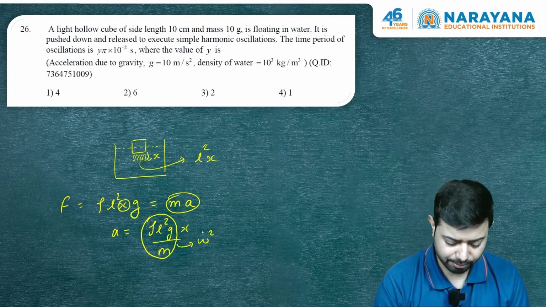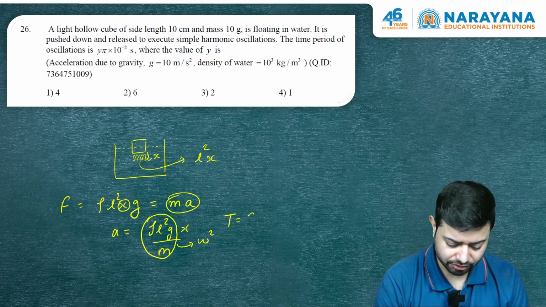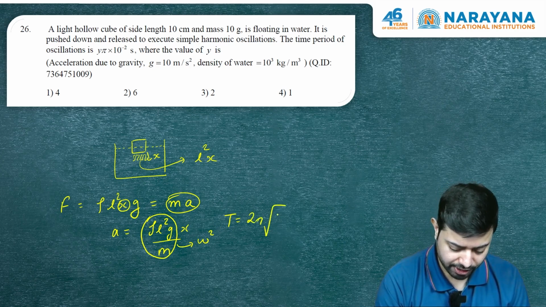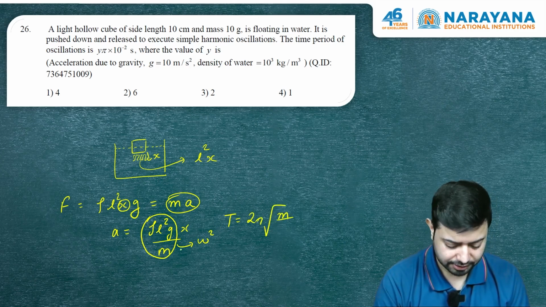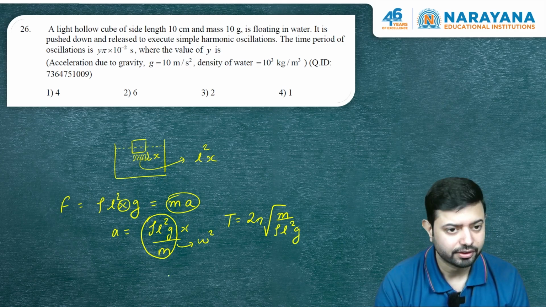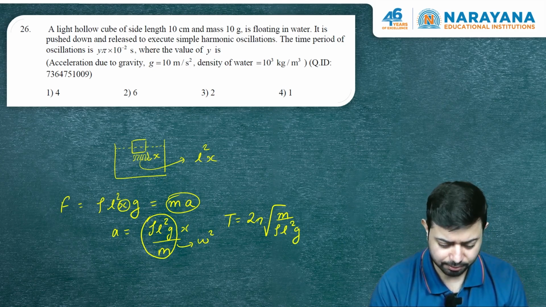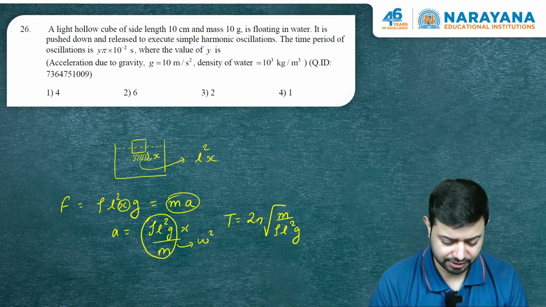So, what is the time period overall? I can easily say the time period is 2 pi by omega, so 2 pi root of mass by rho L square g. Now, we just have to substitute the values. Length is 10 centimeter, mass is 10 gram, and g, as already given, is 10. Rho is 10 to the power 3.